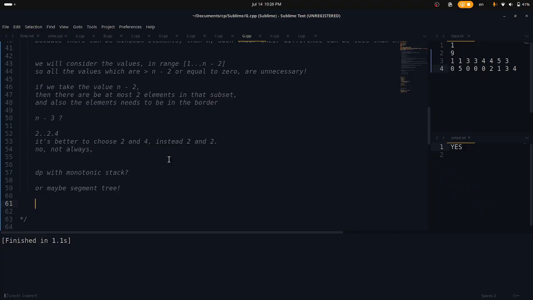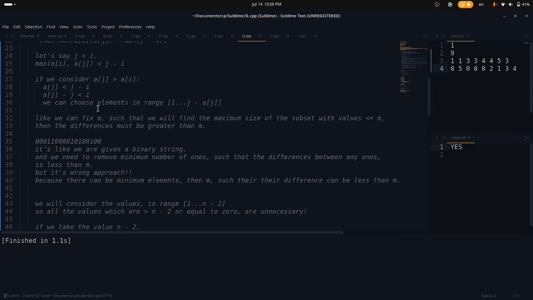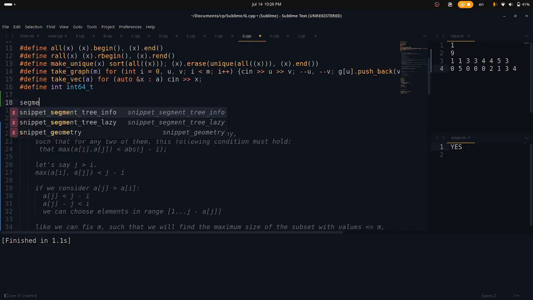Wait. If we start with the minimum values, yeah, it's segment tree DP. Got it, bro. Segment tree DP.